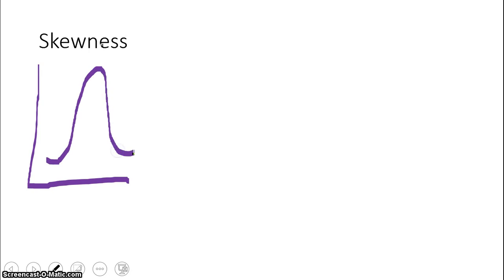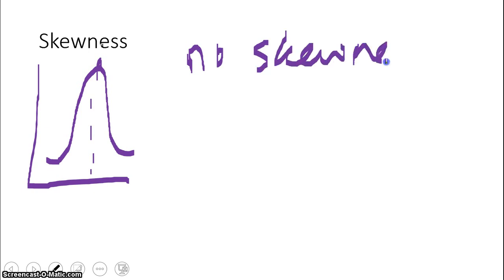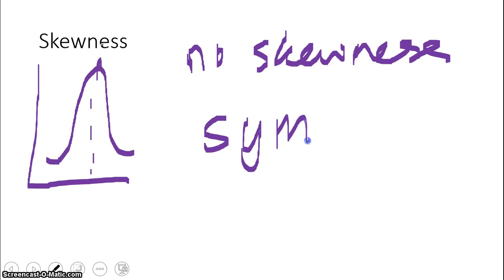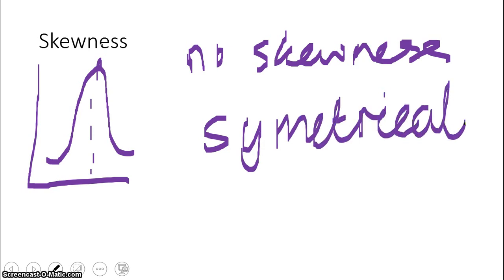Skewness refers to the symmetry of the data. So something that has no skewness is symmetrical around a centre. No skewness, symmetrical.